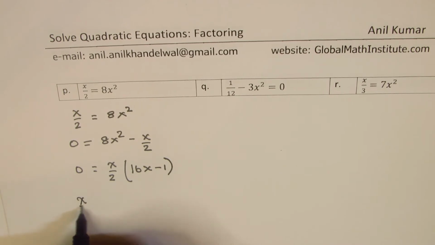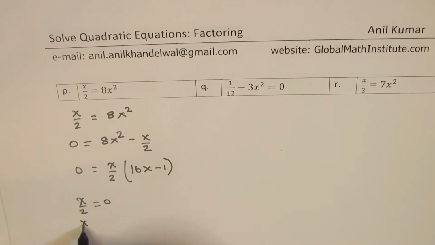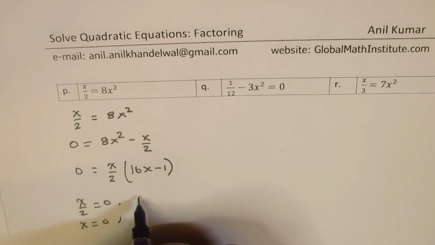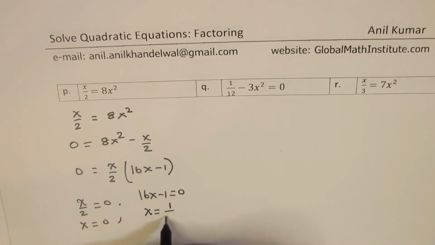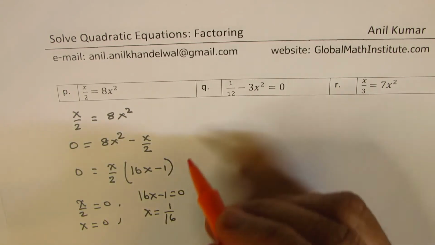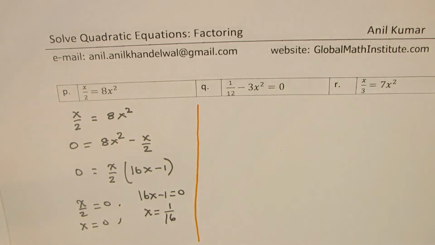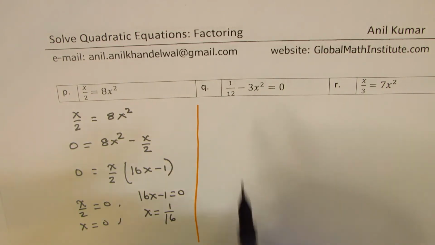So that means x over 2 equals to 0, or x is equal to 0, and the other factor is 16x minus 1 equals to 0. That means x equals to 1 over 16. So we have two solutions, x equals to 0 and x equals to 1 over 16.